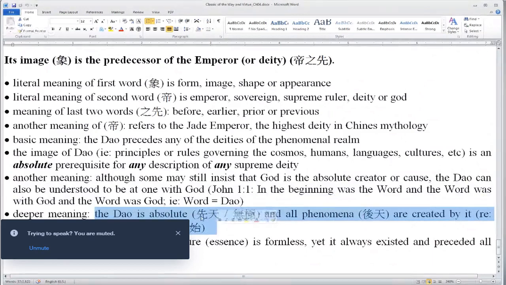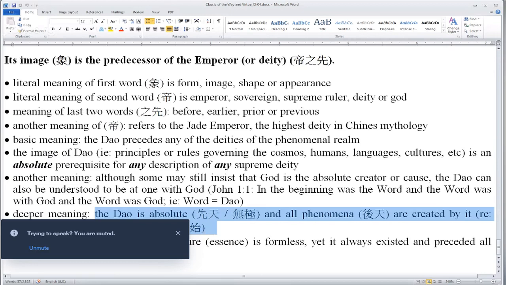We say 先天, literally before heaven, prior to phenomena. Xiantian means prior, previous, or wuji. And all phenomena, or houtian, latter heaven as a direct translation, are created by it. You can find that in chapter 1, line 3: Wu Ming Tian Di Zhi Shi.